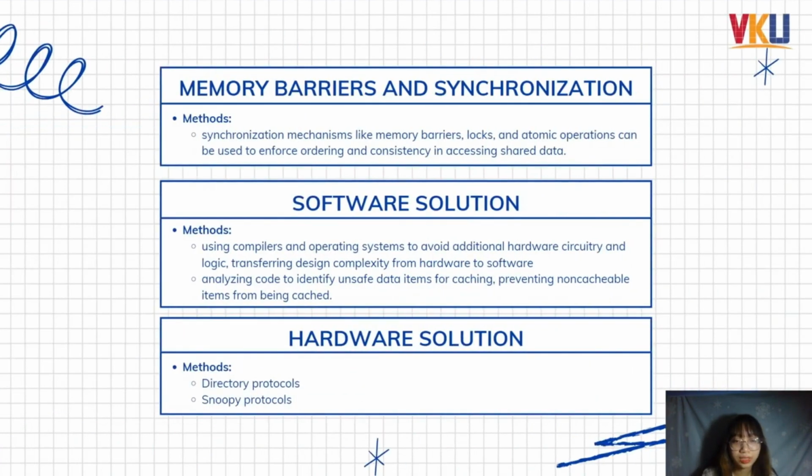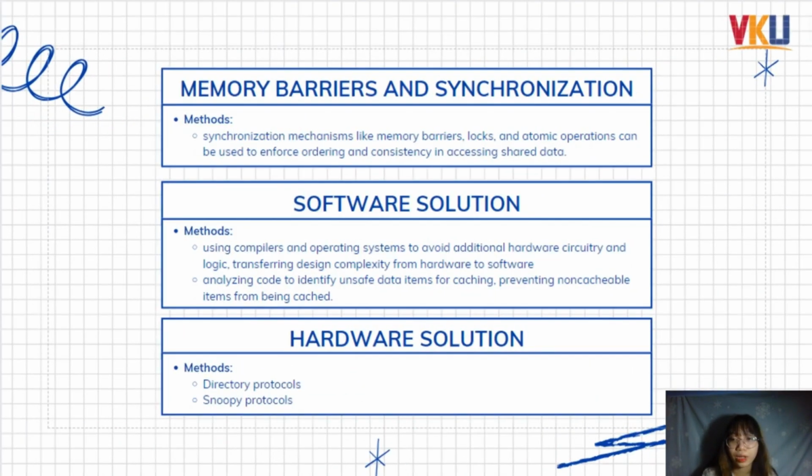The three solutions have been mentioned before. We come to the first solution, memory barriers and synchronization. In addition to the cache coherence protocol, synchronization mechanisms like memory barriers, locks, and atomic operations can be used to enforce ordering and consistency in accessing shared data.